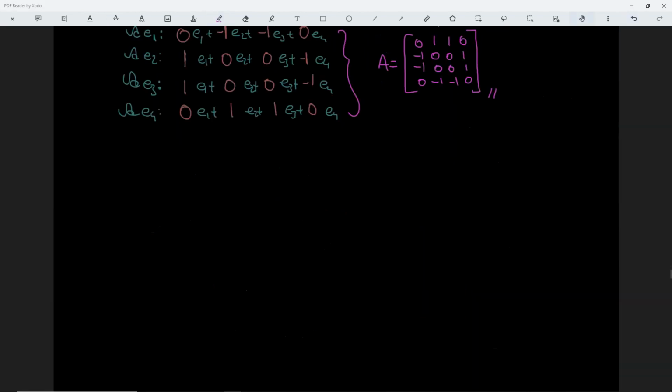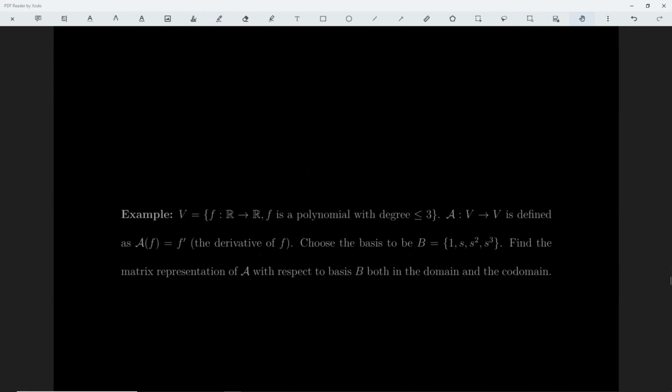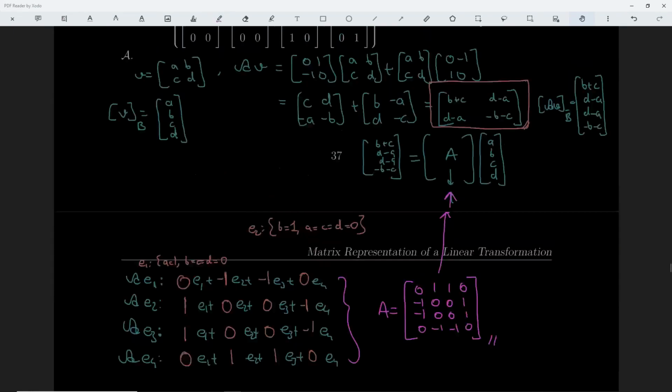Do you have any questions? So we followed exactly the same procedure, right? We write down AE1 in terms of the basis vectors, AE2 in terms of the basis vectors.